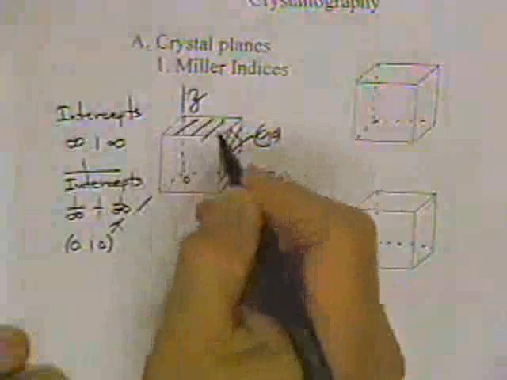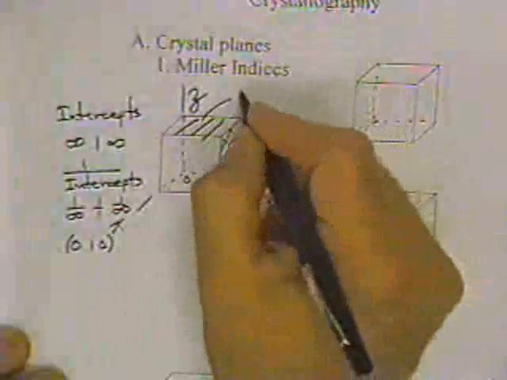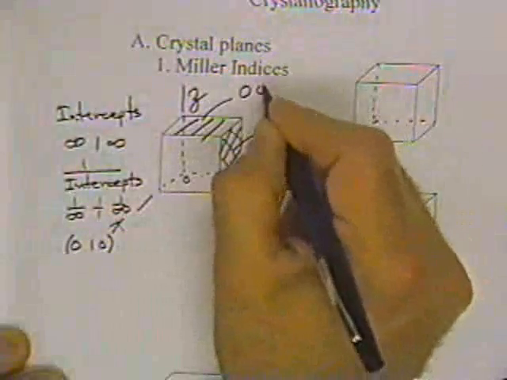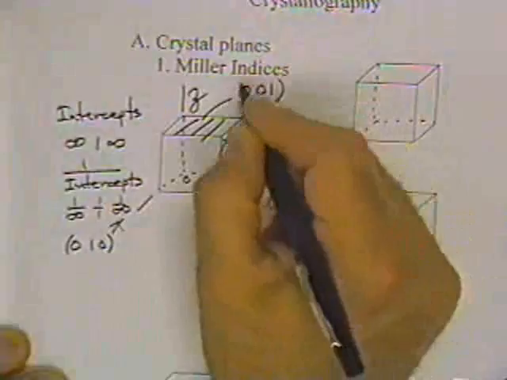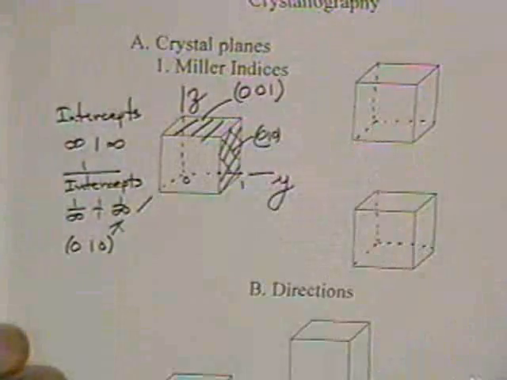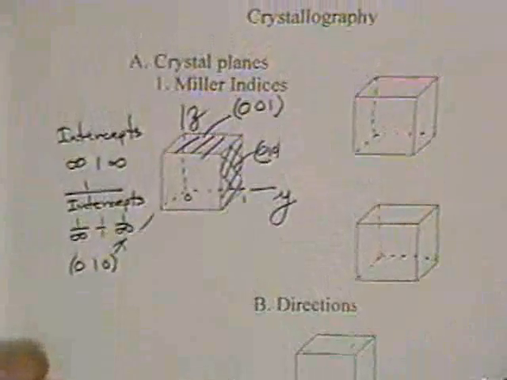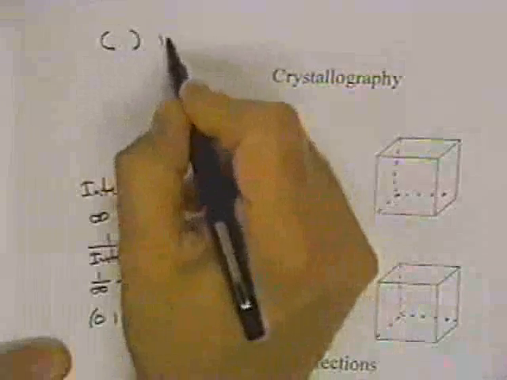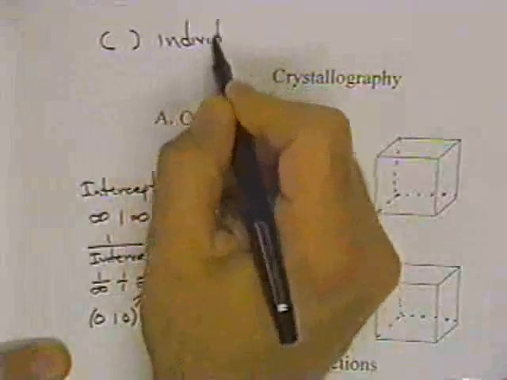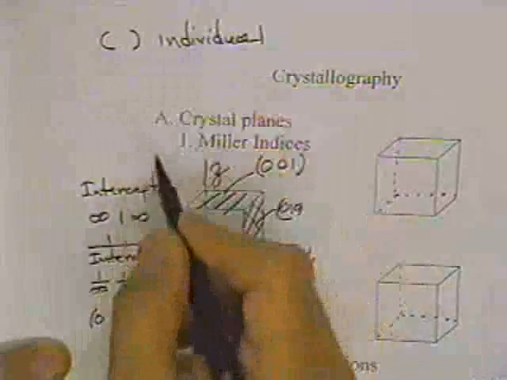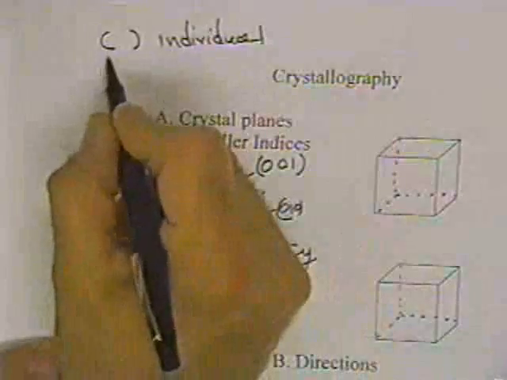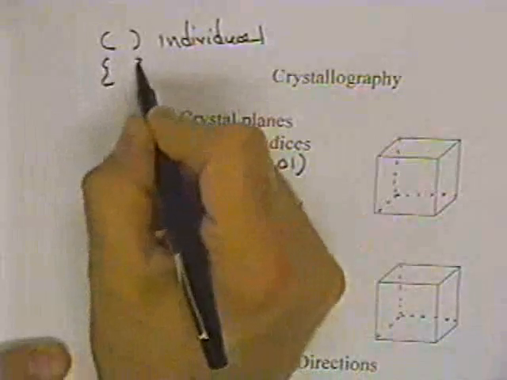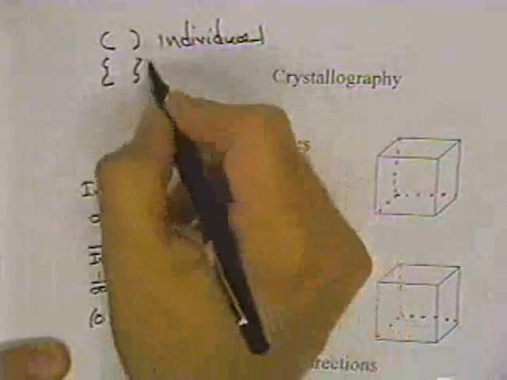And if we took a look at this plane right up here, we could do the same thing and we'd see that this was a (0 0 1) plane. Now that represents the individual plane. If you want to represent a family of planes, that's represented with these braces.